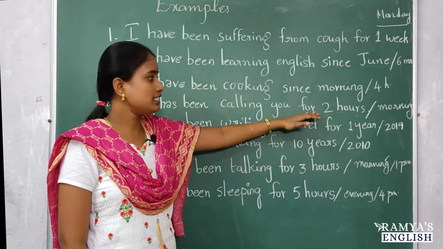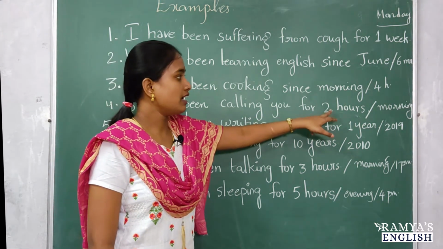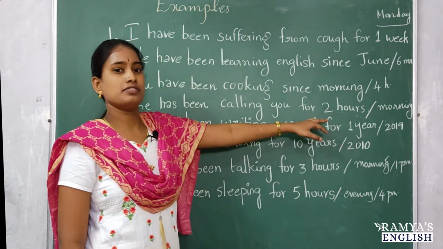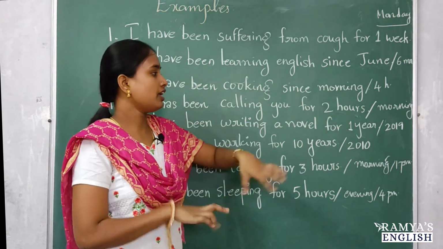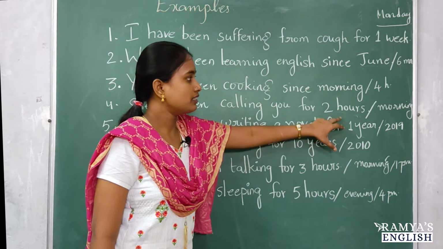Here for indicates period of time. So that's why I have written the quantity of time, the total amount of time, 2 hours.